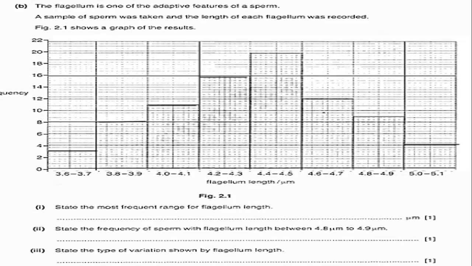So you're going to look at the frequency here and the highest bar in this histogram, and it's going to be 4.4 to 4.5. State the frequency of sperm with flagellum length between 4.8 and 4.9. You will look it up from the graph again, and it's going to be 9.